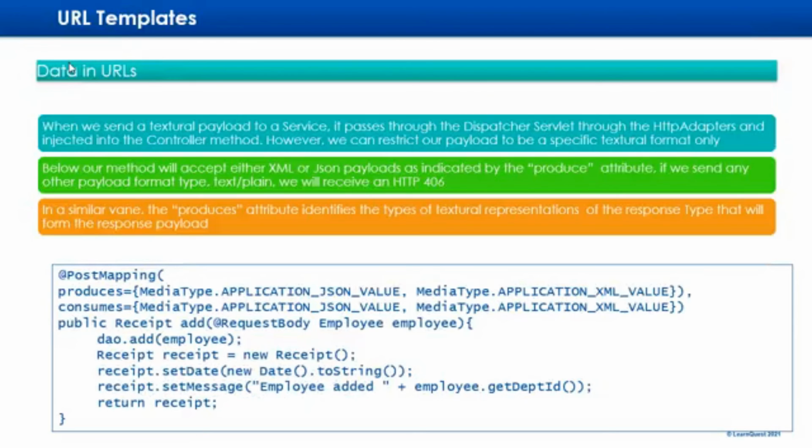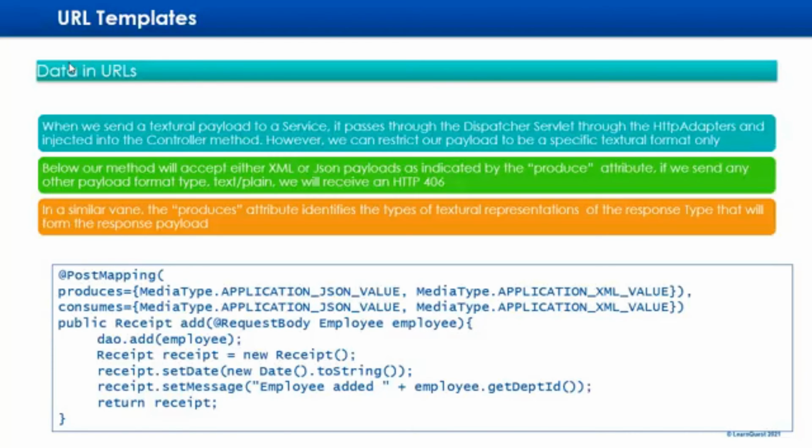Now, we can dictate to a degree what our service is tied to with respect to the type of data being posted to it. A service is unique by URL and the HTTP method name, but also we have these attributes produces and consumes, which can guarantee uniqueness of an endpoint.